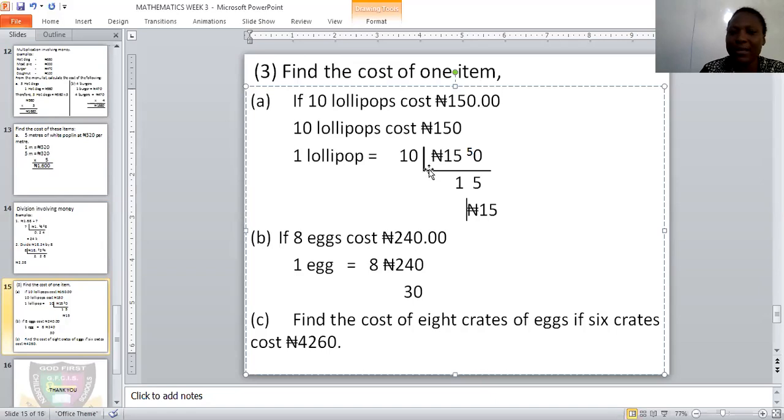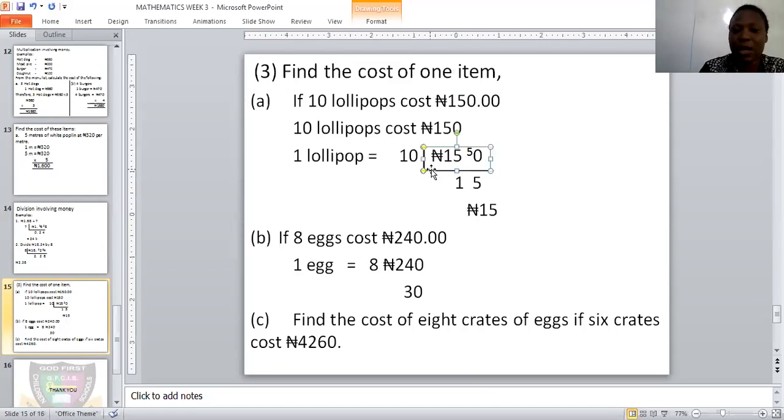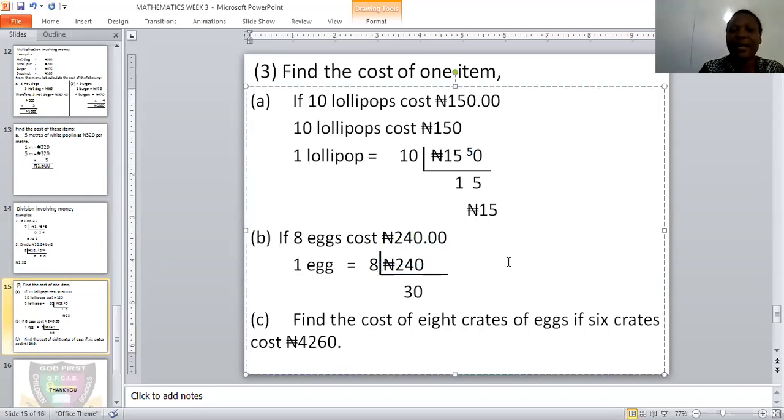All you need to do is the same method, you divide 240 naira by 8.